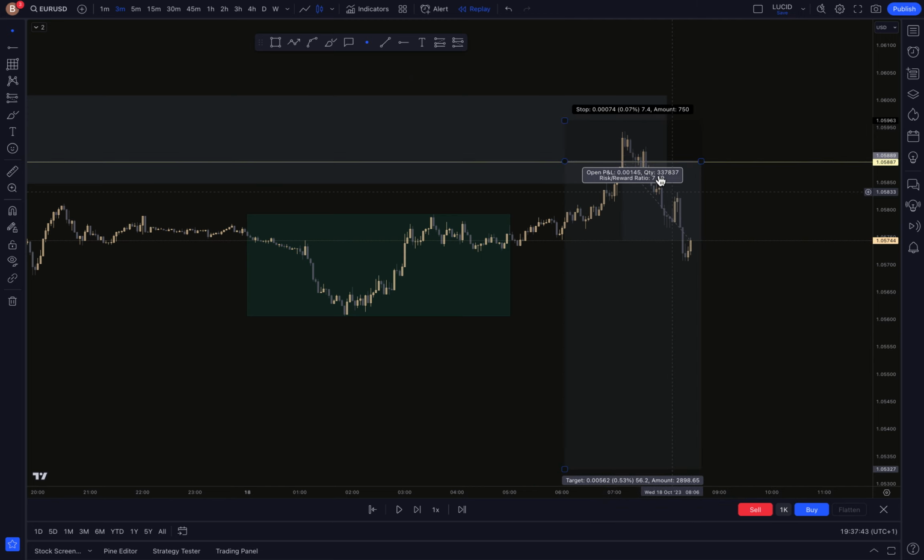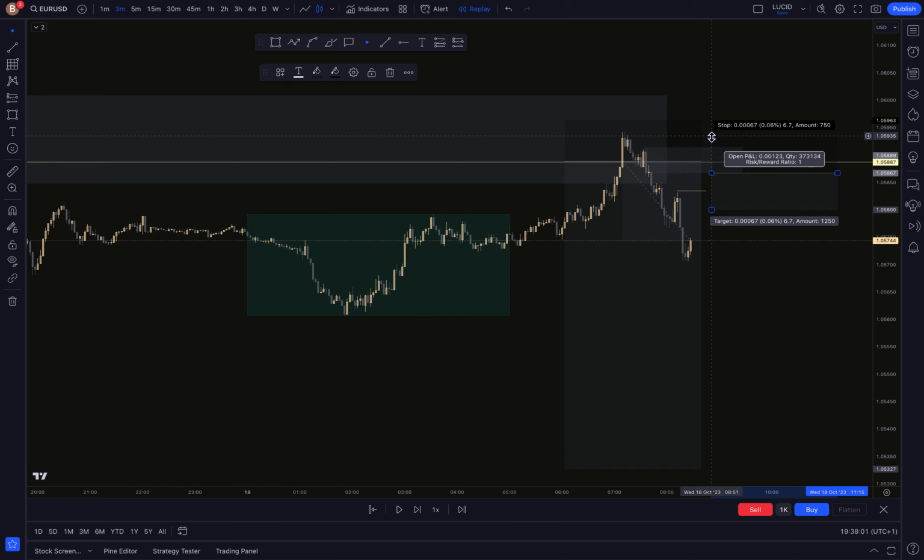Price gave us an external liquidity here, and you would consider trading from, let's say, this point, if it's going to hold. I did not take this second entry though, but you get the point that I'm trying to talk about.